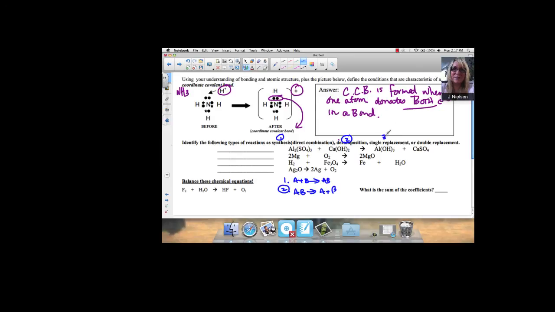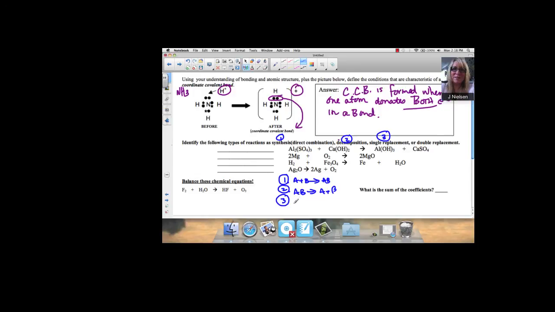Single replacement. Single replacement is the whole somebody's getting kicked to the curb story. You're going out with your boyfriend or girlfriend and a new hottie moves into town. So what happens is you never lower your standards, you always raise your standards.